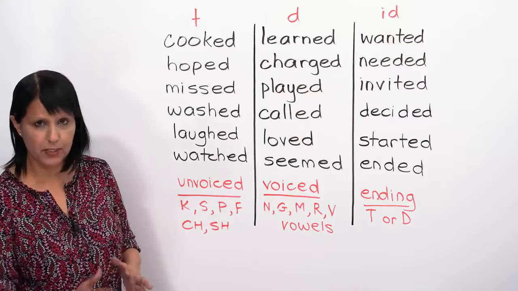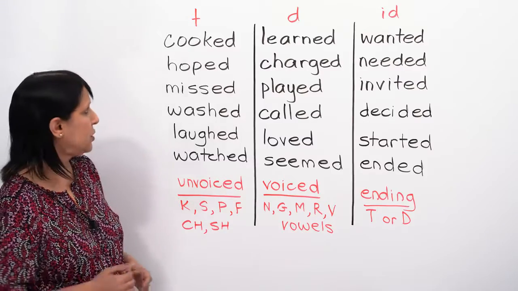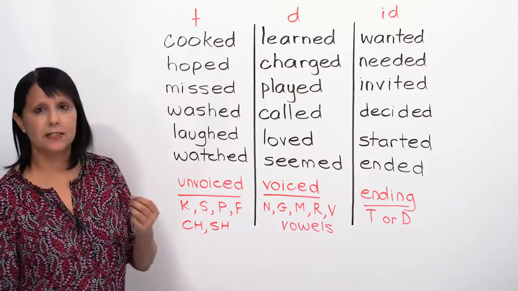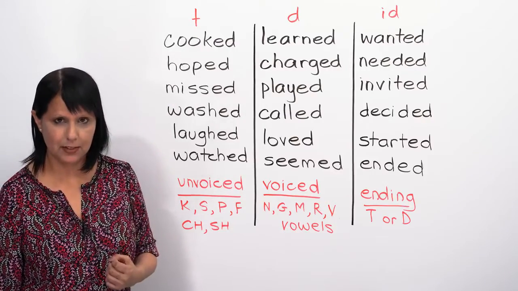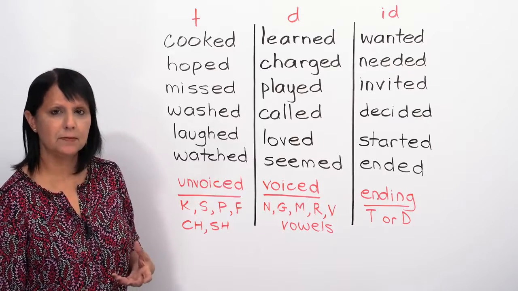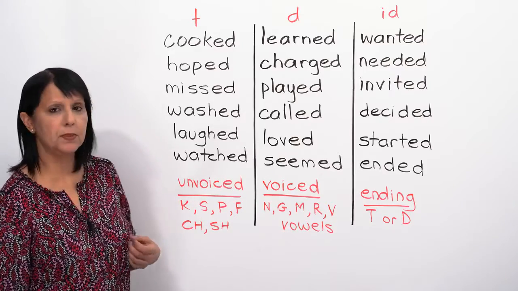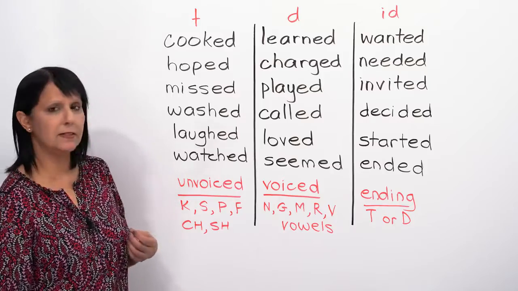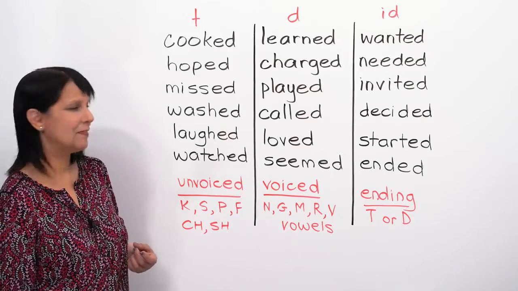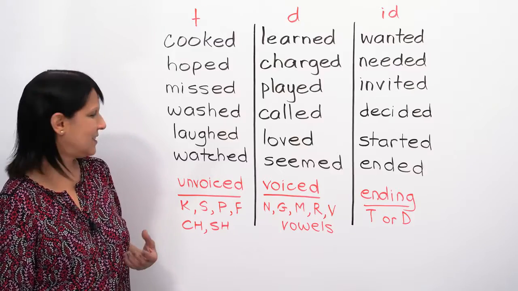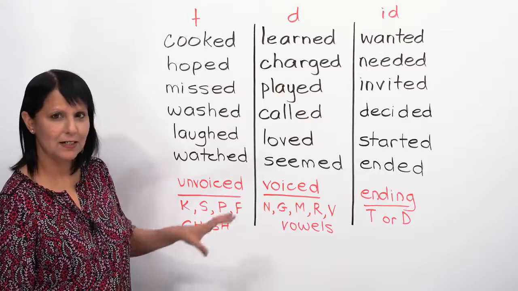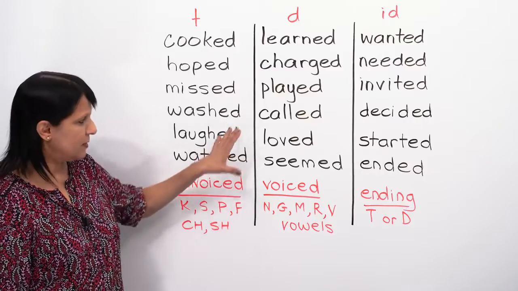These are unvoiced. There's very little vibration. So for these kind of words, we have a T sound at the end. For example, cooked, hoped, missed, washed, laughed, watched. Okay? Got that?